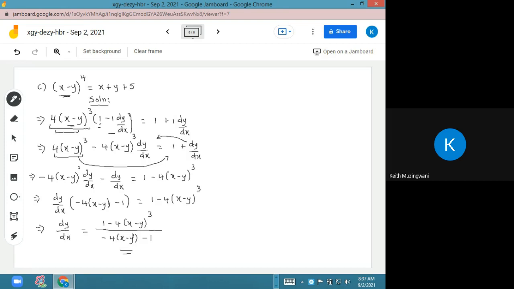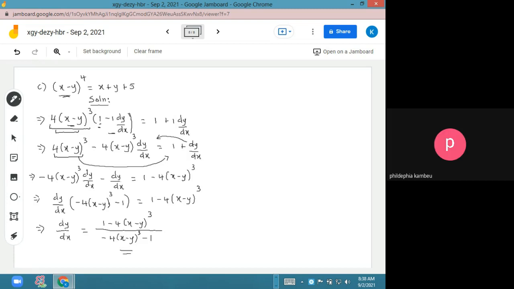Not 3, it's 4, sir. To the power 4. To the power 3. Sir, how are we differentiating this? We just differentiate the inside part instead. We start by differentiating the power before we go to the inside. For the power, go back then.